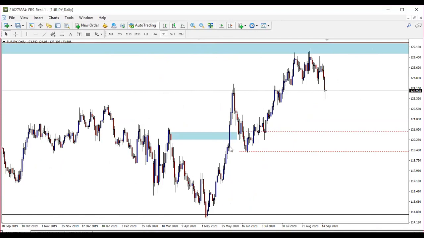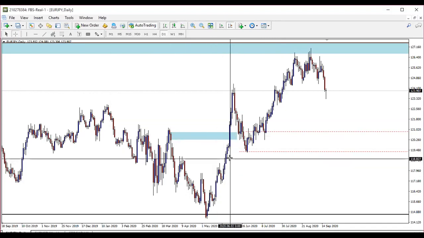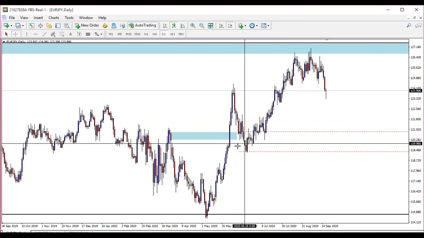These two. If you look at the entire range of the candle, from this wick to the highest wick, it's about 100 pips. So the body should be 50 pips.